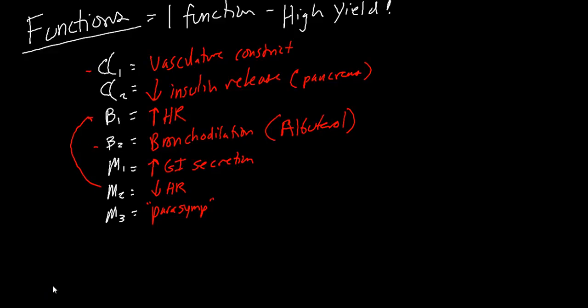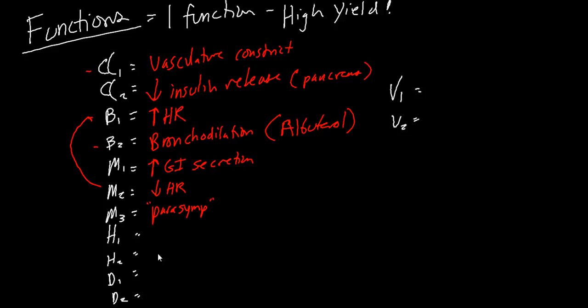Let's see, get color coded. We're going to talk about histamine. We can talk about dopamine. And I ran out of room, so up here let's talk about vasopressin receptors. Okay, so let's talk about histamine. Histamine 1 receptors.